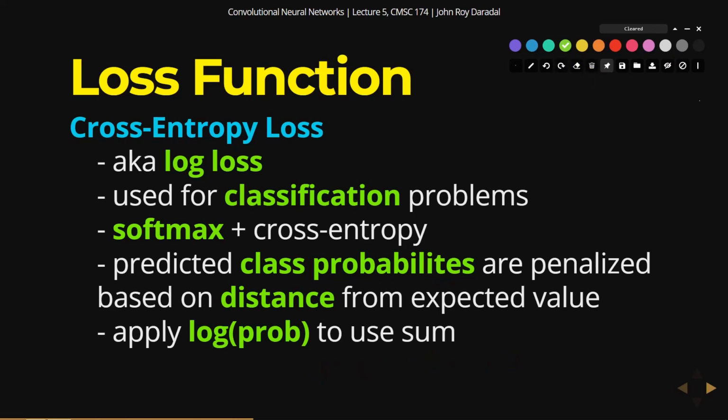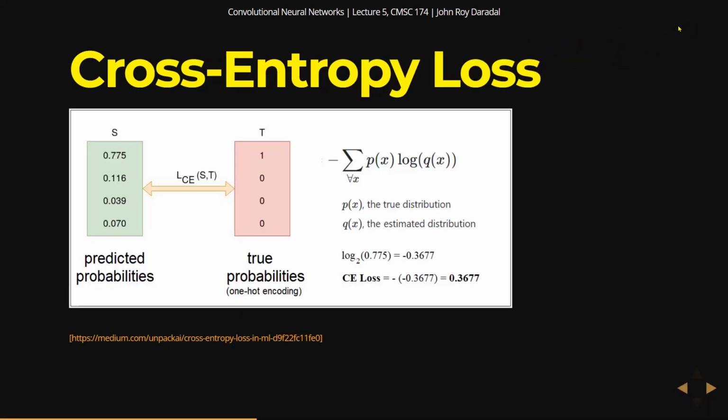Okay, so let me show you how cross entropy loss works. So let's say that we have four classes, right? So we have class A, class B, class C, and class D. Now let's say that this is the output for our softmax.